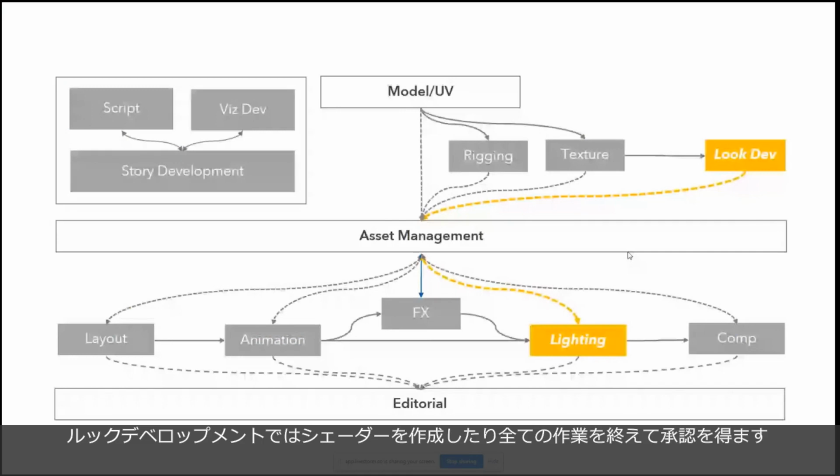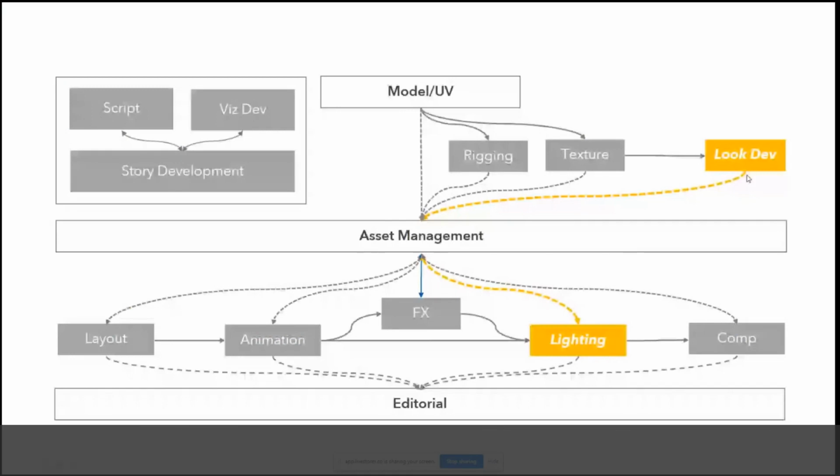Within look development, you work with all the shaders, you get everything done, you get that approved. You then bake out the results of that into an instruction file. We call those the Katana look files, and those go through into your asset management system, and they can be pulled and matched against those assets in the lighting pipeline. This is also a key area where we will transition to a USD shade-based workflow through extensions to the look file bake API that we've made and plugin work that we'll be doing in the future.